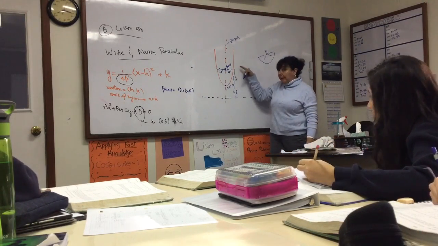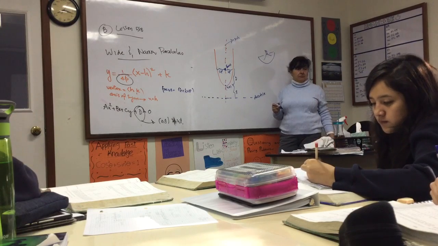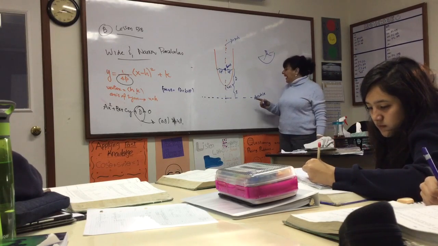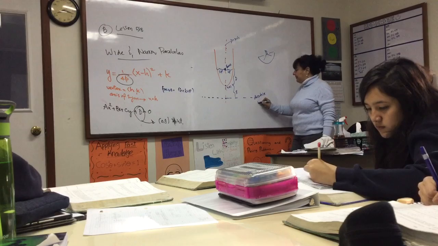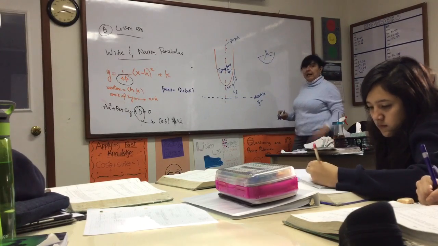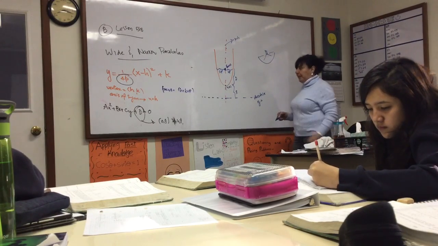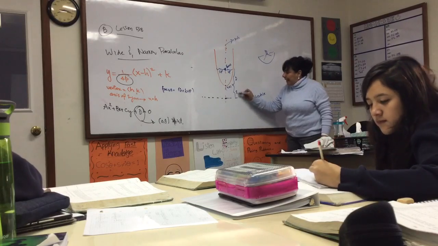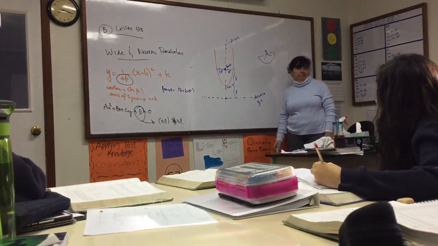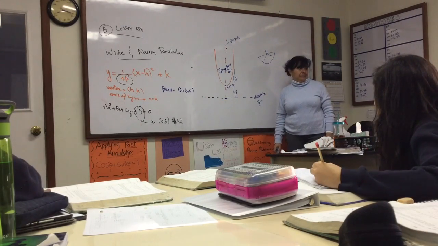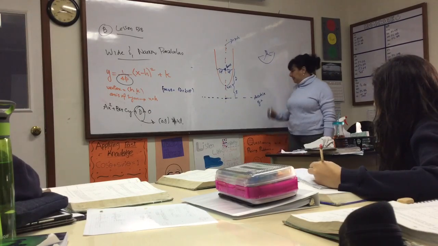Because you went P up, right? And guess what the directrix is? If it's now a horizontal line, how much do you think it will be? If down here is minus P from K. K minus P. K minus P.